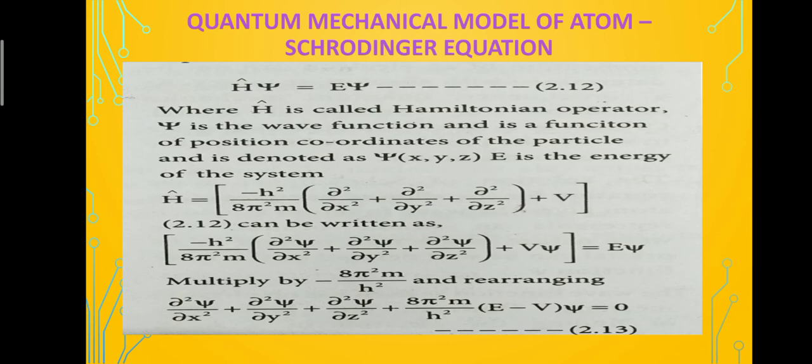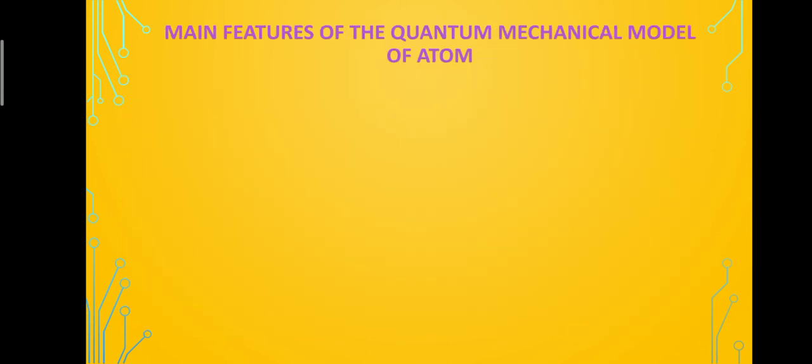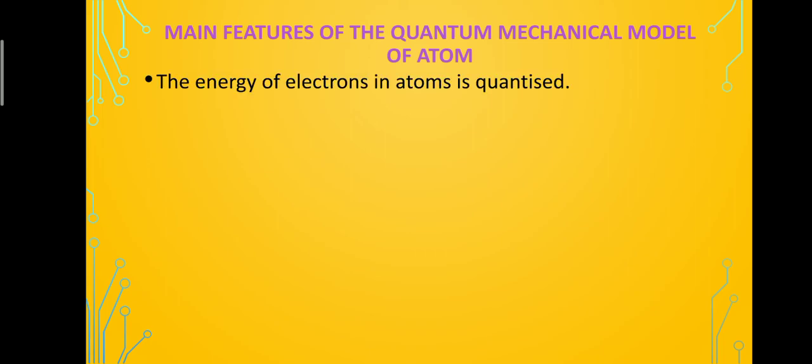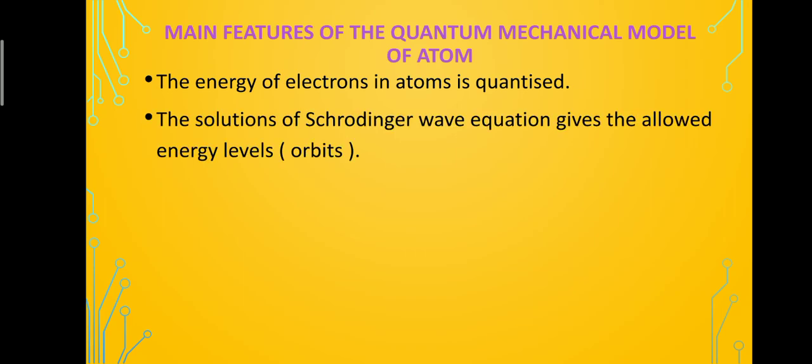So next one is the main features of the quantum mechanical model of an atom. So first one, the energy of an electron in an atom is quantized. So this was similar to Bohr's postulates.